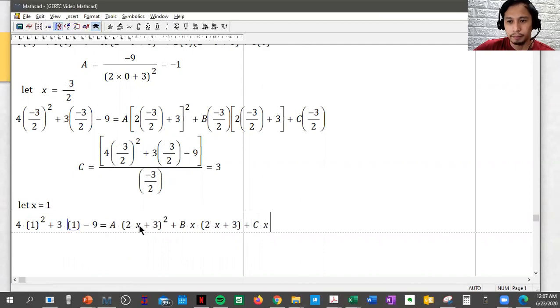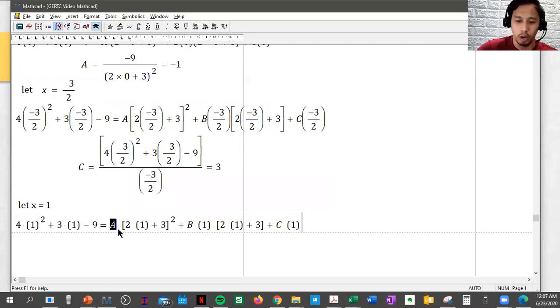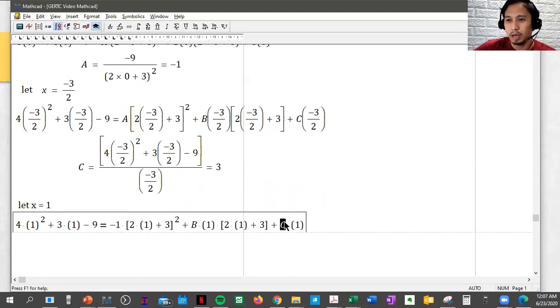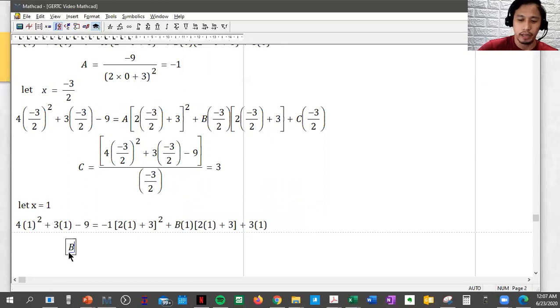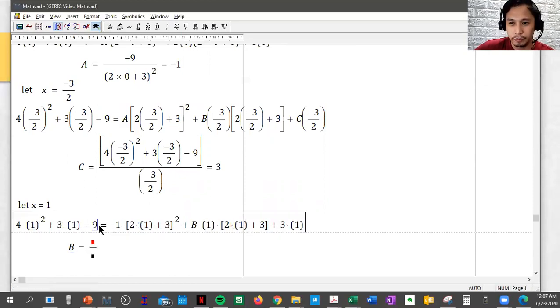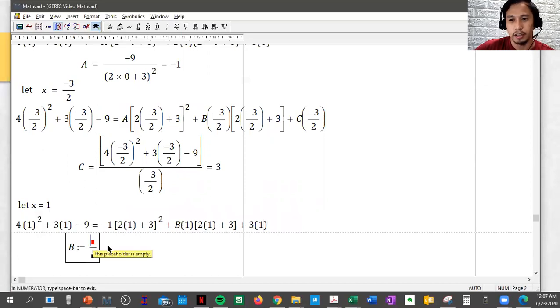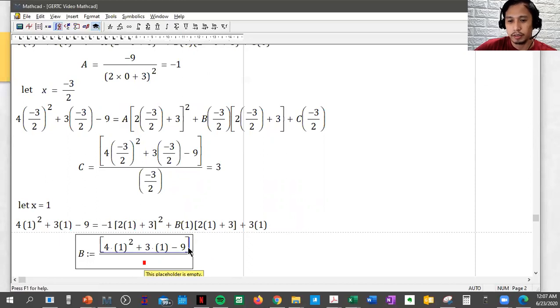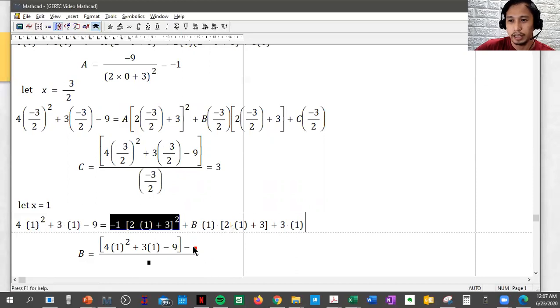So making x equal to 1, this should be 1. Okay, ito 1. Ito 1. And again, we already got a equal to negative 1 and c equal to 3. No? Then to solve for b, that is equal to what? I-subtract natin ito, kasi these are at the left side, right side.